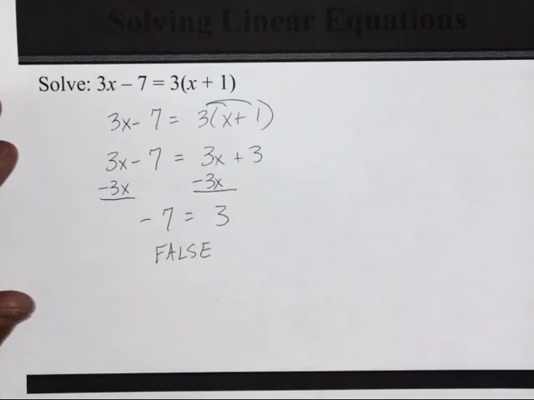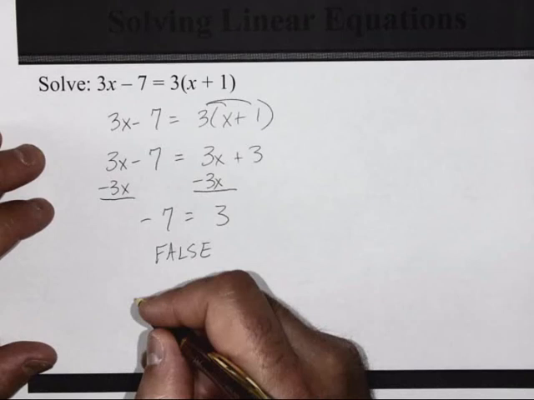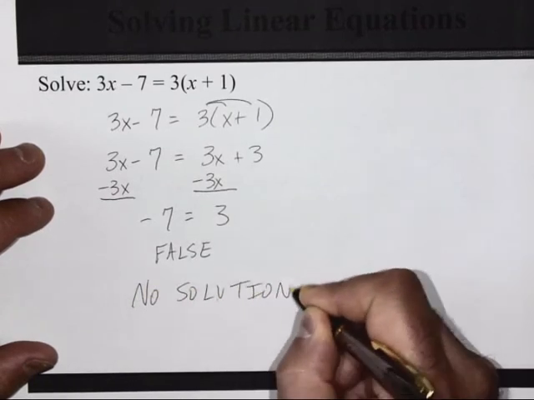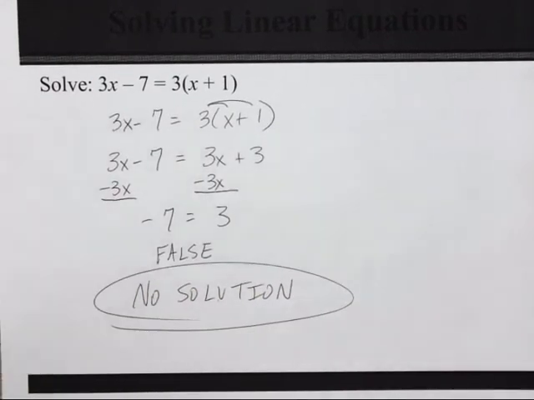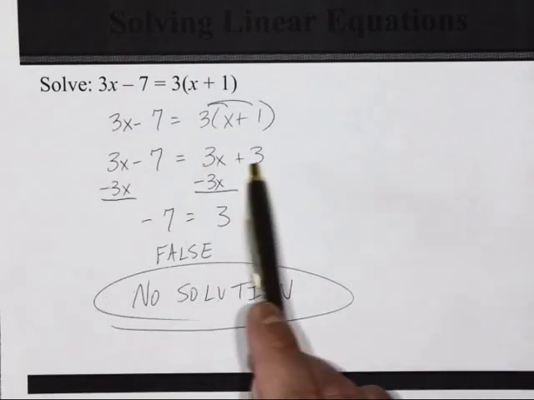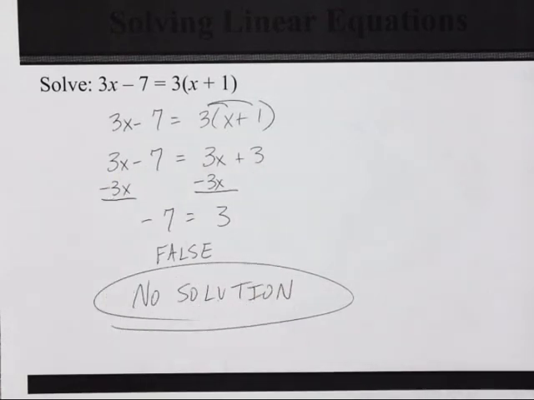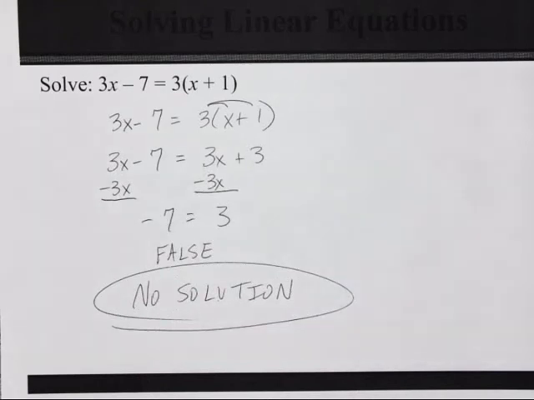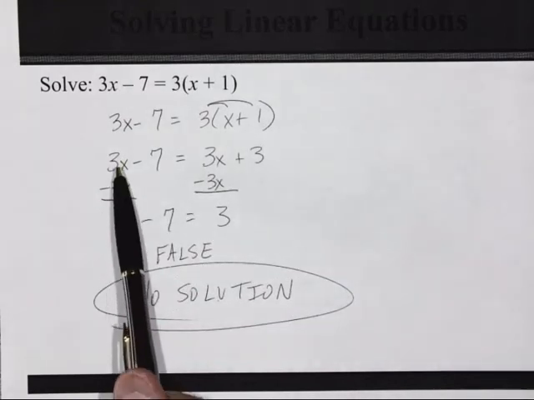Negative 7 does not equal 3. So once the variables cancel, you get a false statement. We get no solution. There is no possible value for x that's going to make this statement true. And once again, this step is evident to that. 3x minus 7, 3x plus 3. Well, when I plug in the value for x here and multiply it times 3, I'm destined to get the same number for this part and this part.